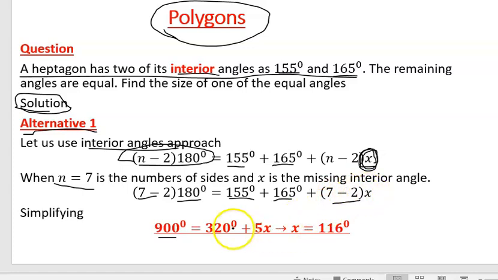Now this implies that if I take this 320 to the other side, then I divide both sides by 5, I remain with x equal to the remaining interior angle, which is 116 degrees. Note that a heptagon in most cases has 7 sides. That is a 7-sided polygon.